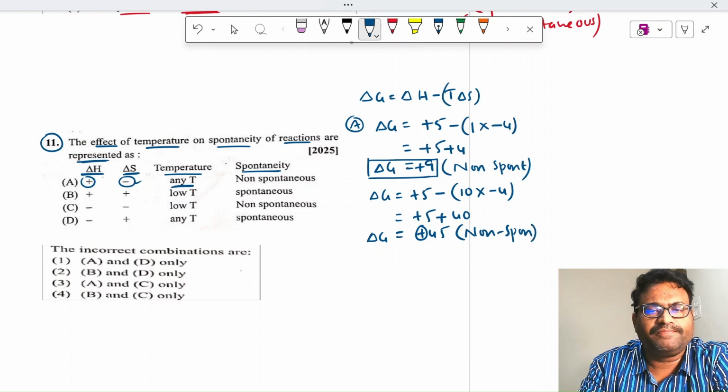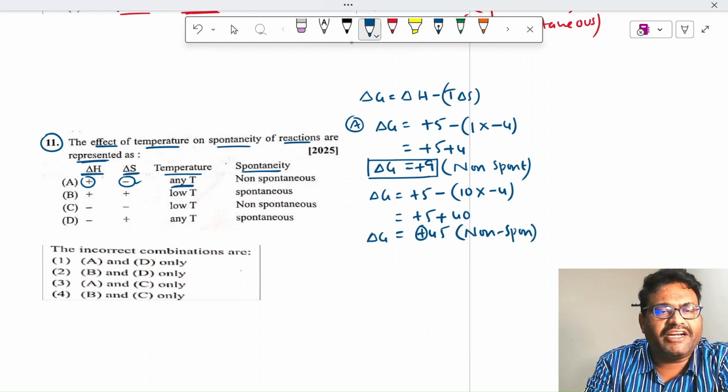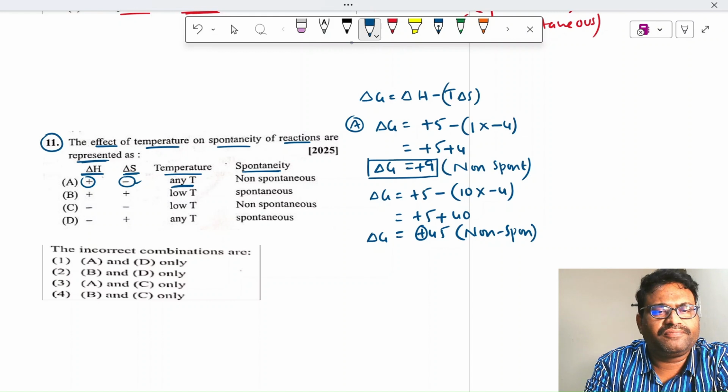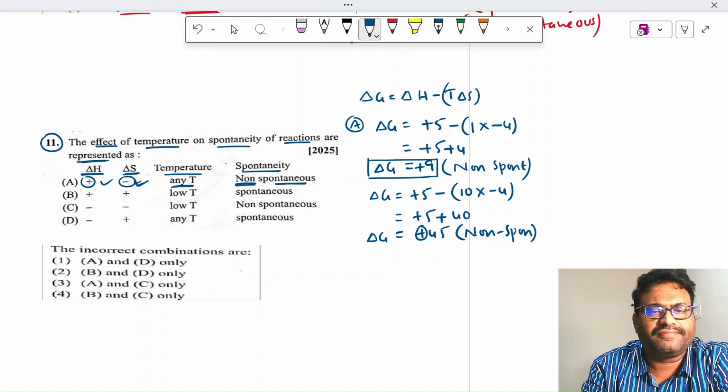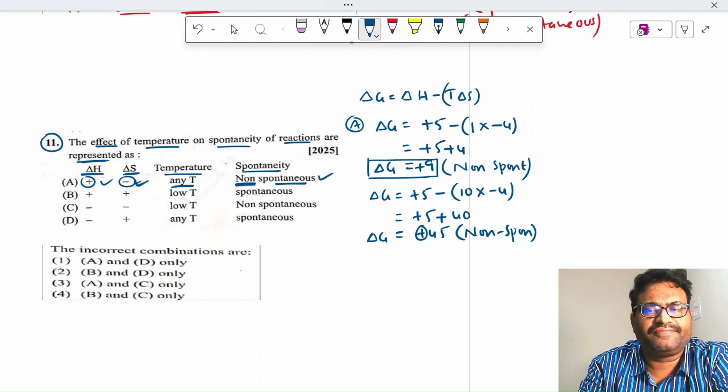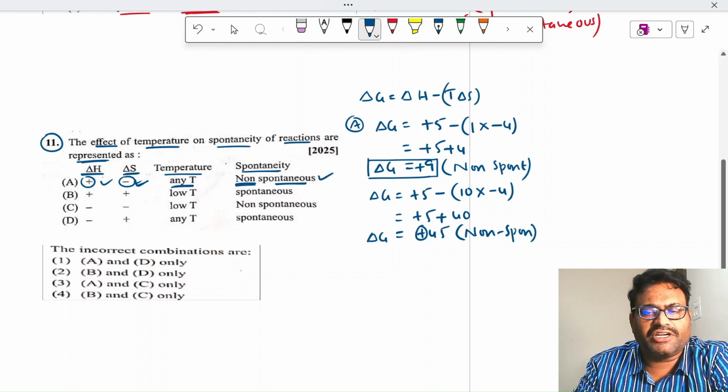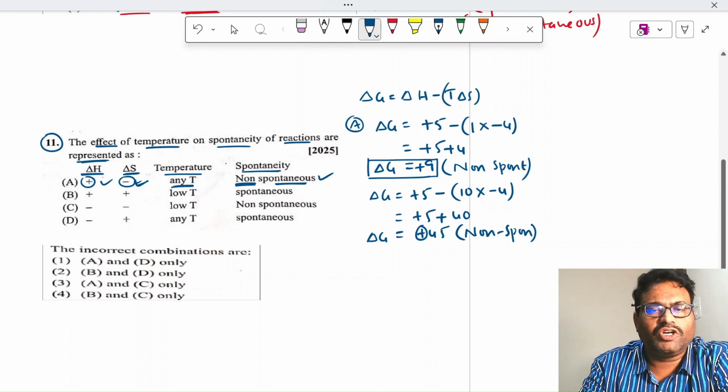That means at any temperature, if delta H is positive and delta S is negative, the reaction will be non-spontaneous. So option A, whatever the conditions mentioned here, that is correct. Right? Next, coming to option B.